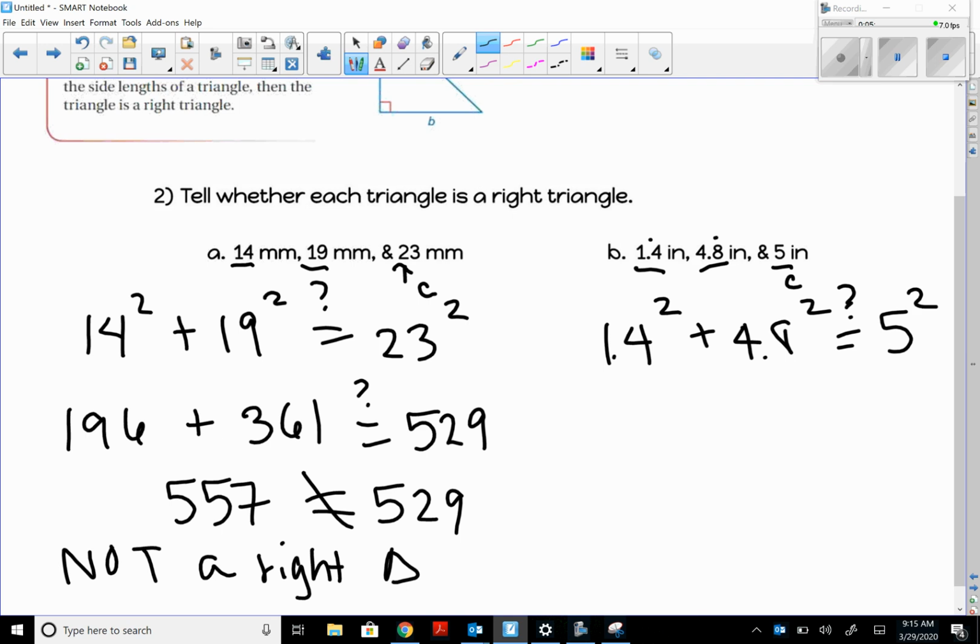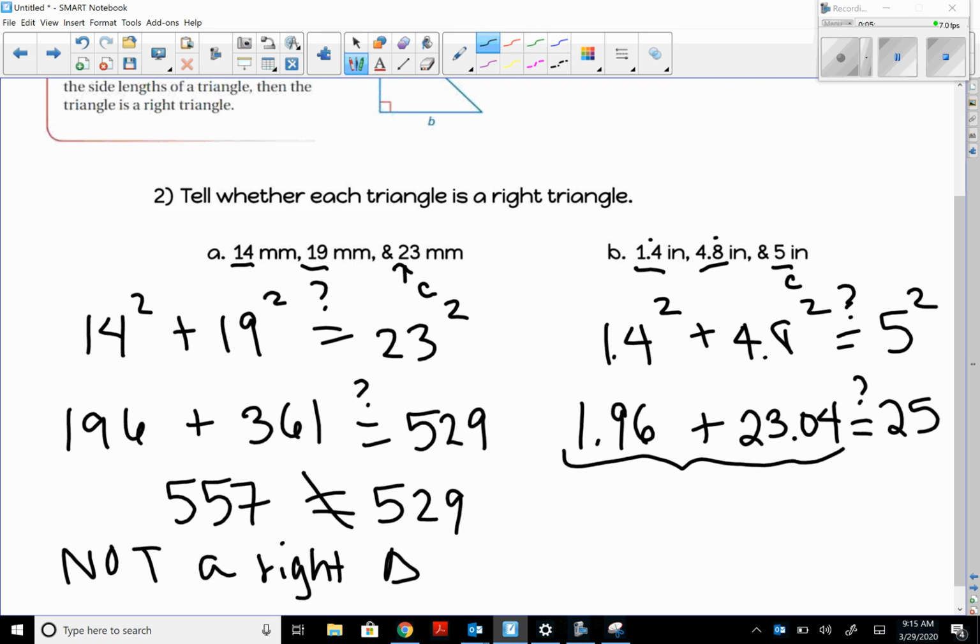So with my calculator, 1.4 squared is 1.96, or 1 and 96 hundredths. 4.8 squared is 23 and 4 hundredths. 5 squared is 25. So let's add the 1.96 and the 23.04.